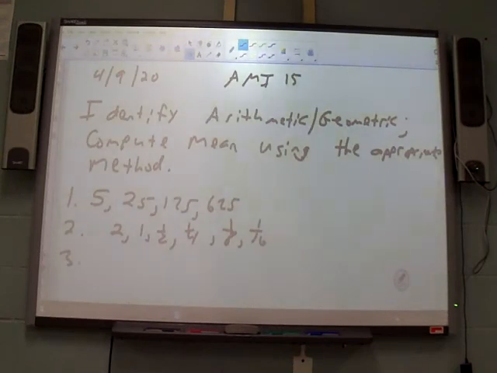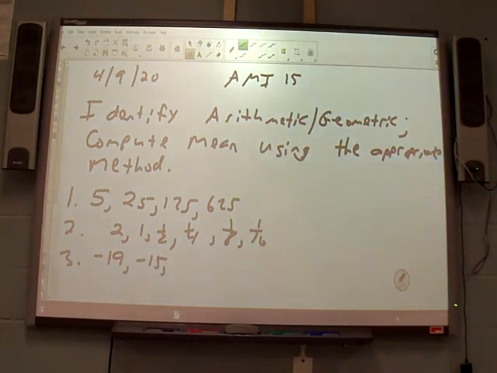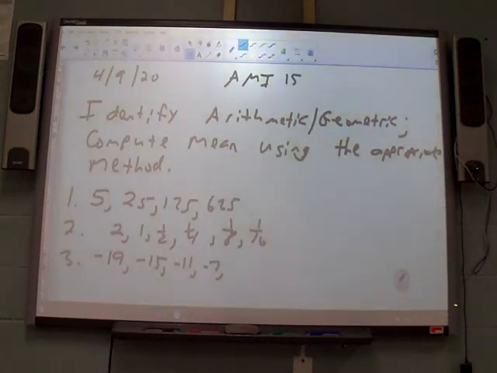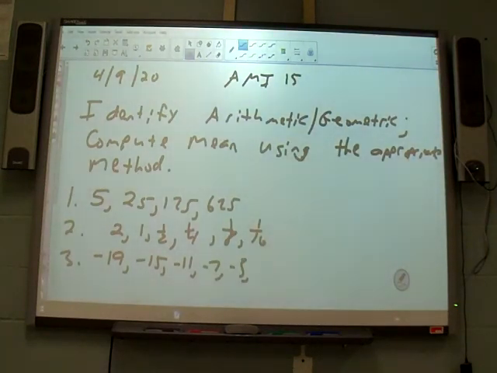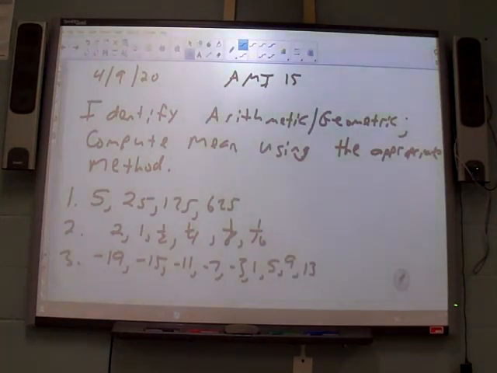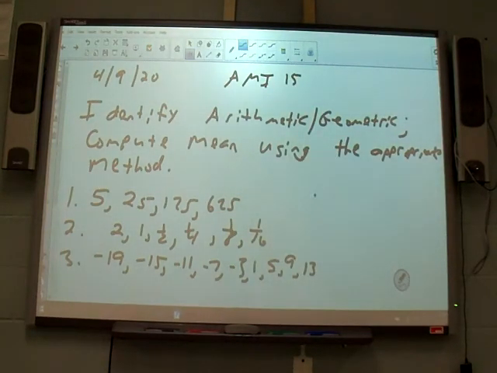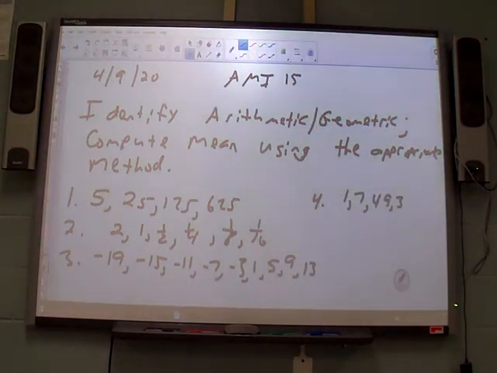Number 3: -19, -15, -11, -7, -3, 1, 5, 9, 13. Number 4: 1, 7, 49, 343, and 2,401.